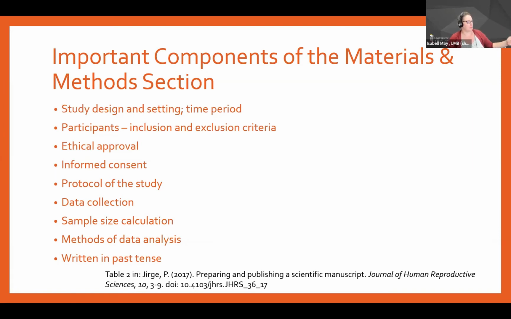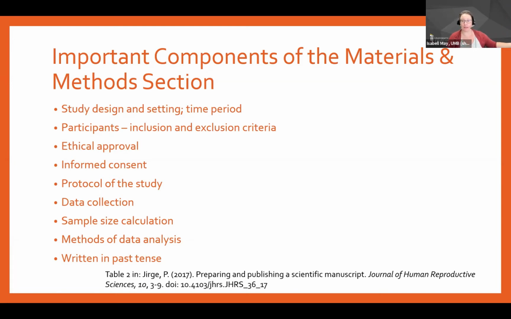Important components of materials and methods section. Just to give you an example, this is from an article in the Journal of Human Reproductive Sciences, so it comes from that disciplinary background. And you have the link here if you want to check it out. Those are some of the things that the author mentions that are common components in materials and methods sections within human reproductive sciences: study design, participants, ethical approval, informed consent, protocol, data collection, and so on, right?